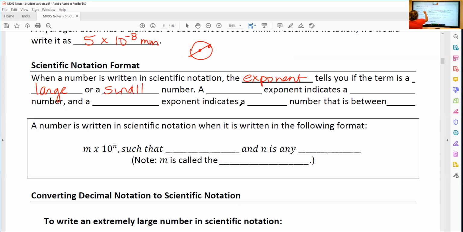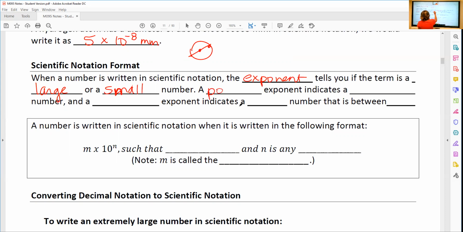I'm having a little bit of a delay problem with the smartboard writing, and it's showing up late. So the exponent is going to tell us a little bit about the size of the number, because if the number is very large, our exponent will be positive. If the exponent is negative, we're talking about a very small number.